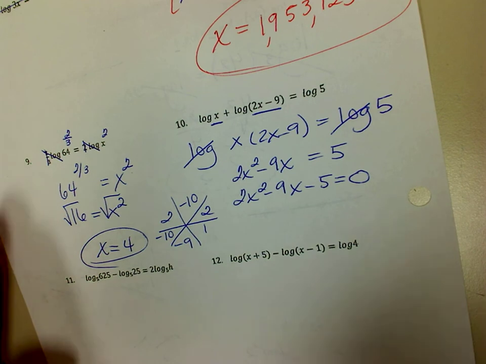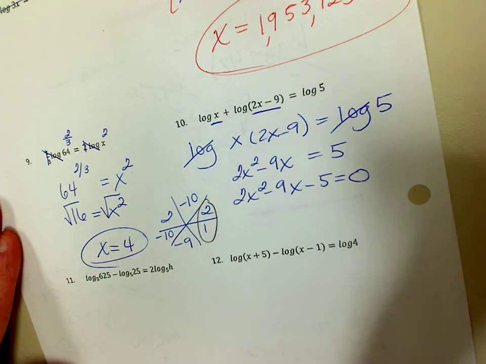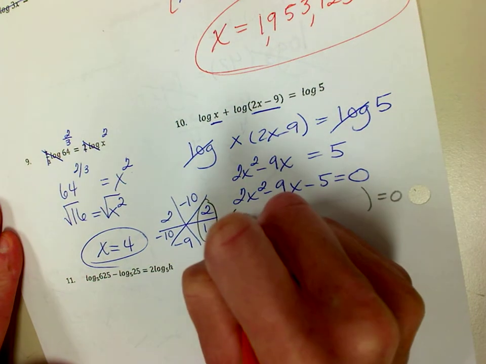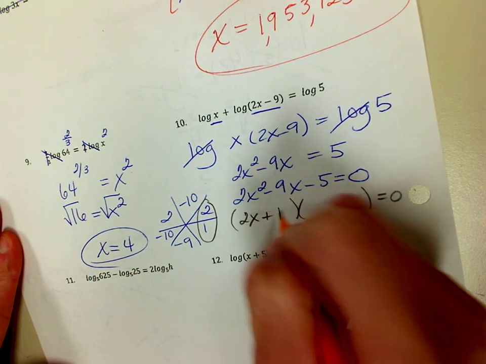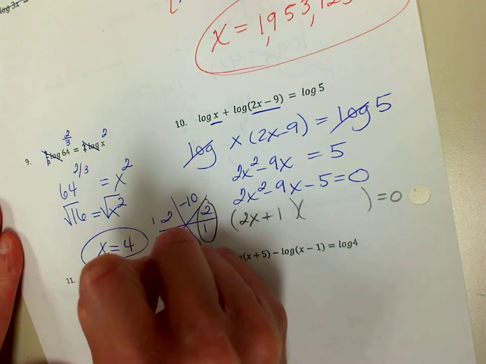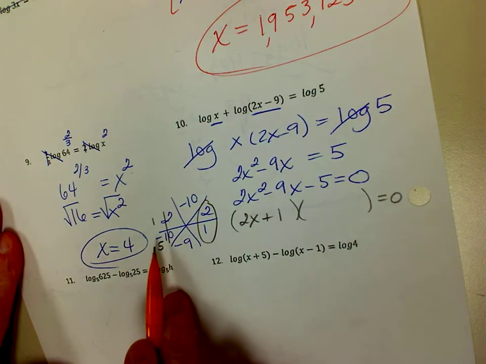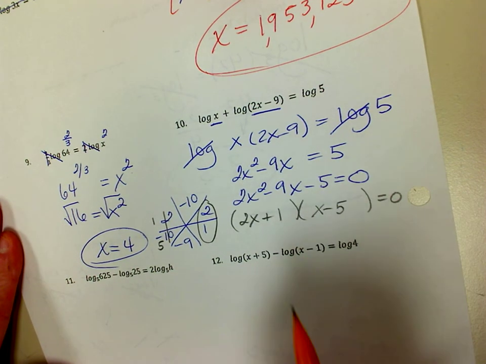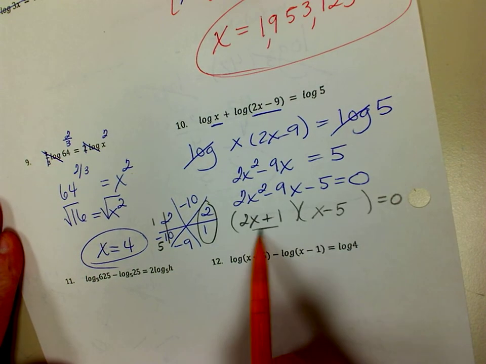And it just so happens this one's fine. So in my parentheses, I'm going to write down 2x plus 1. And this can reduce to 1 and a 5. Negative 5 actually, x minus 5. And then to solve, I'm going to set both of these equal to 0.